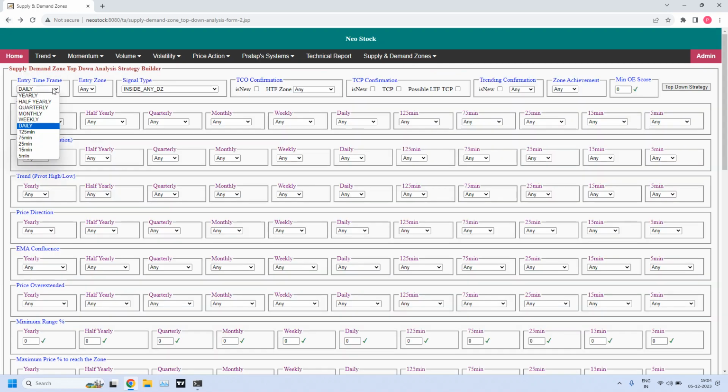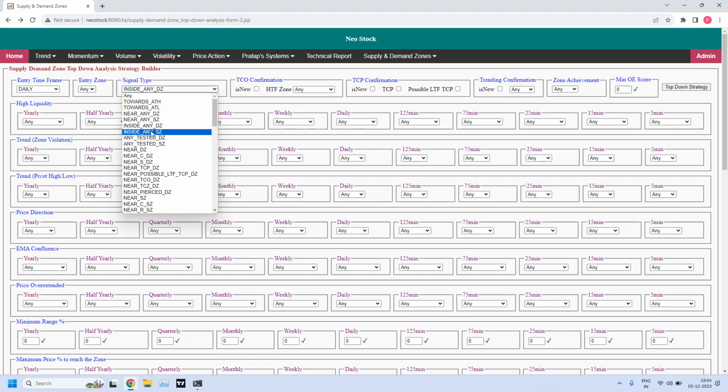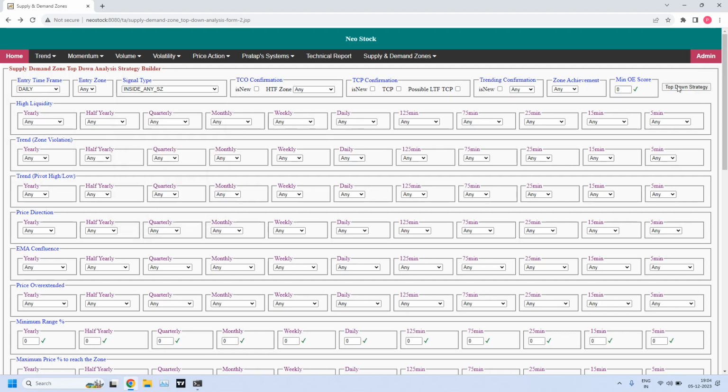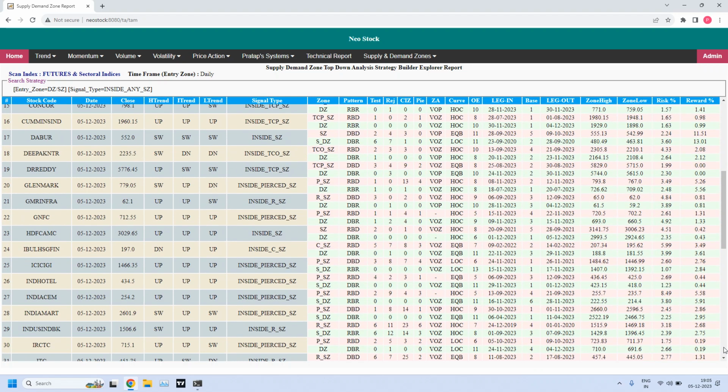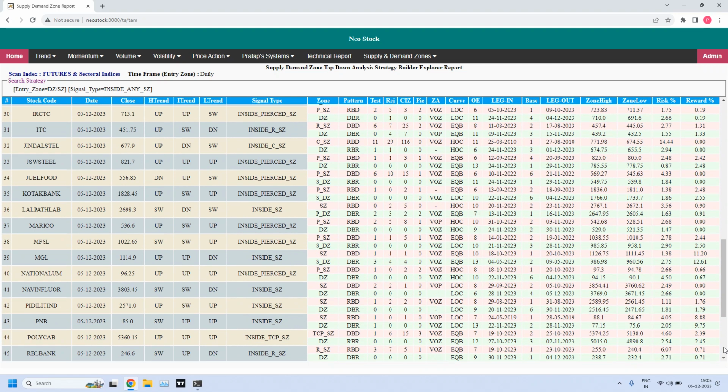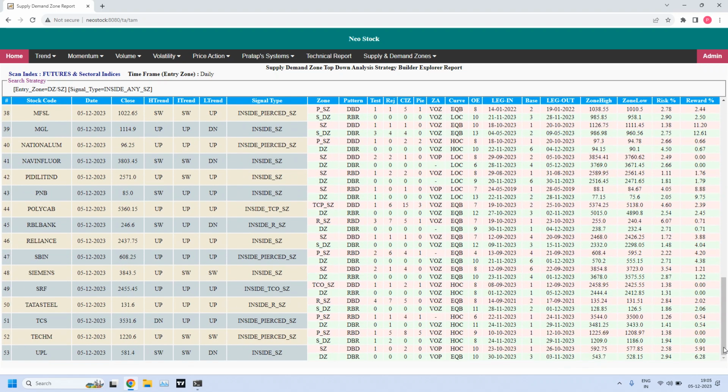Let's go back. Entry time frame is daily. Let us find the stocks where price closed inside daily supply zone. This is the filtered list. I'll keep on scrolling down. So total 53 stocks are filtered.